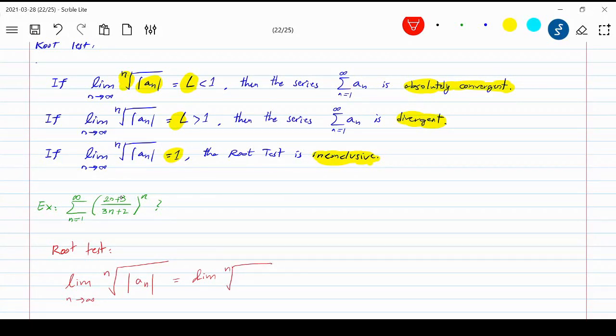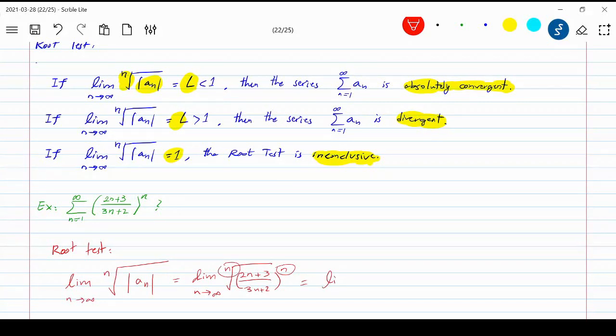Absolute value of (2n plus 3) divided by (3n plus 2), to the power n, as n approaches infinity. Since this is positive, I don't necessarily need the absolute value. If it was negative, I would erase the negative sign and just deal with it as positive. So now we have an nth root of something to the power n. These will cancel each other out, opposite operations.